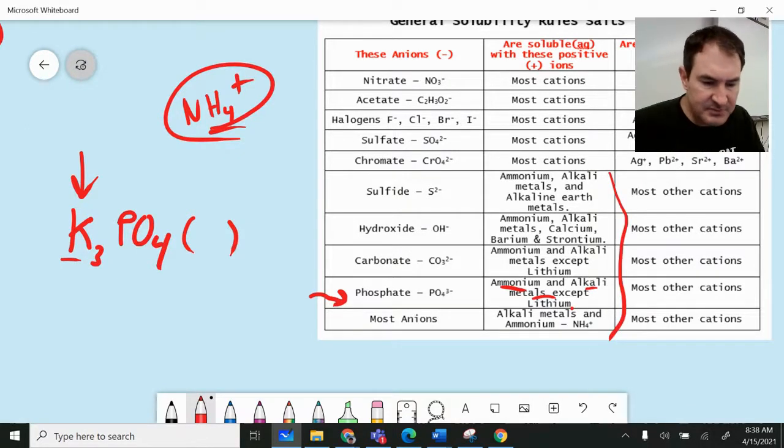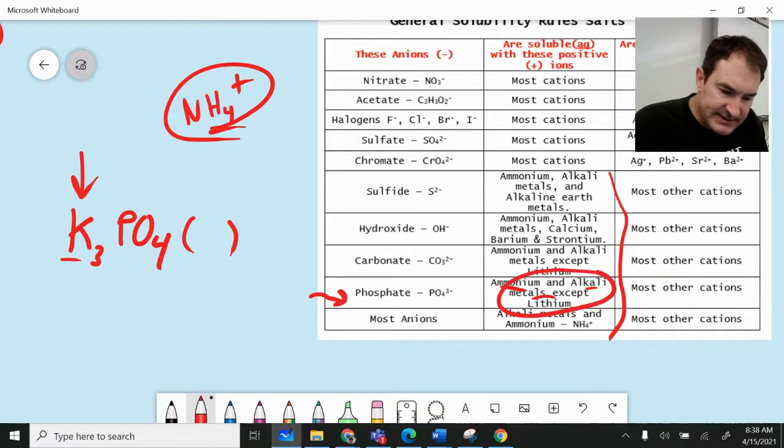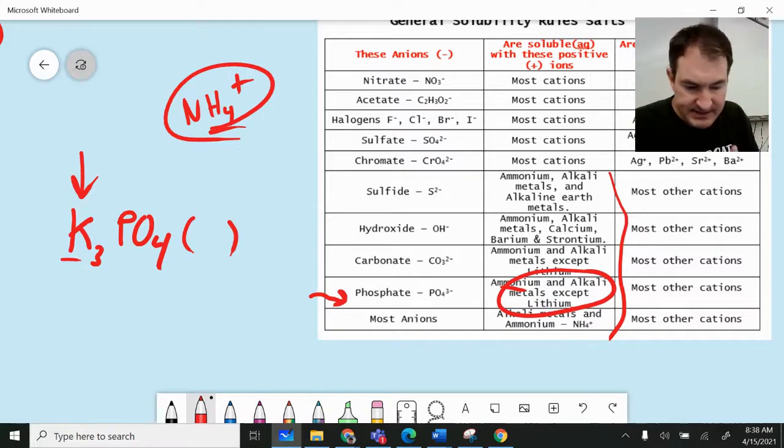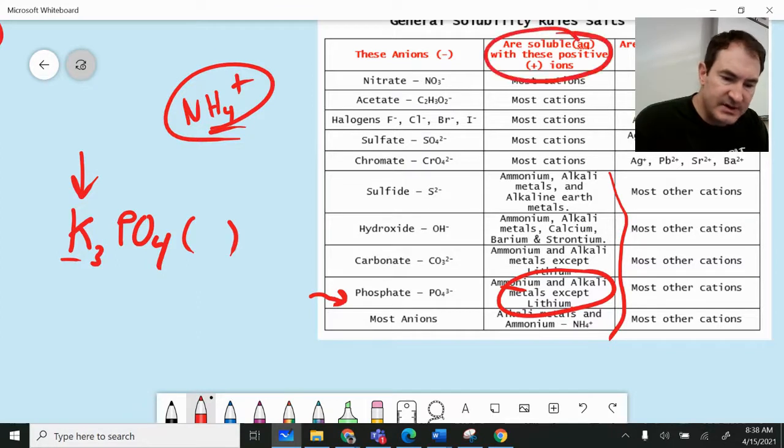Alkali metals, first group. Alkaline earth metals, second group. So this is alkali metals except lithium. So potassium is included because it's an alkali metal and it's not lithium. So it is going to be a soluble ionic compound, meaning if it's in a single or double replacement reaction, it's going to be aqueous.